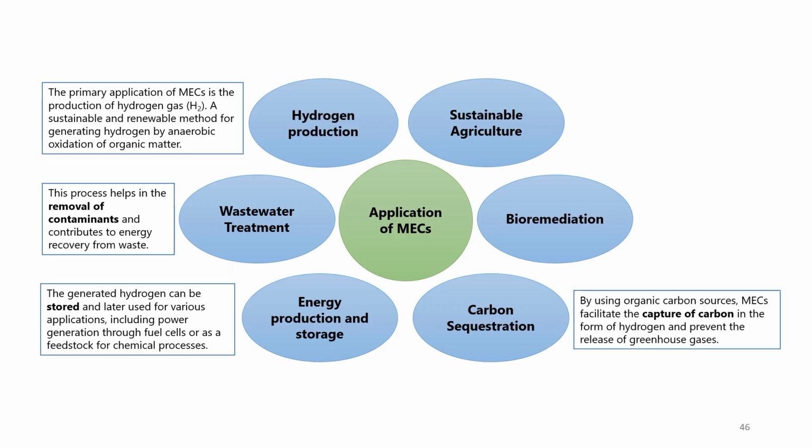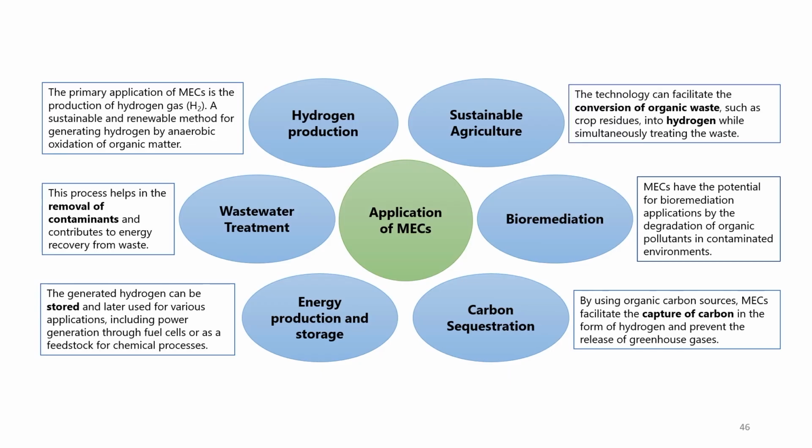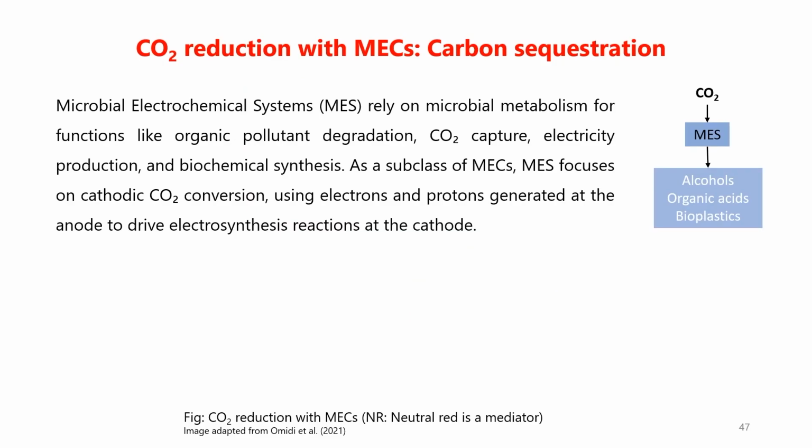By using organic carbon sources, MECs facilitate the capture of carbon in the form of hydrogen and prevent the release of greenhouse gases. MECs have the potential for bioremediation applications by the degradation of organic pollutants in contaminated environments, and this technology can facilitate the conversion of organic waste such as crop residue into hydrogen, while simultaneously treating the waste.